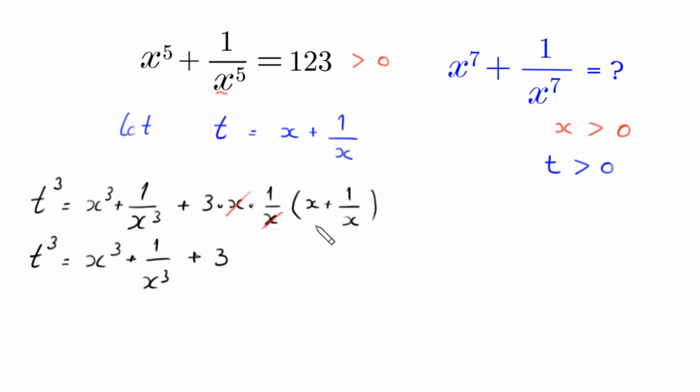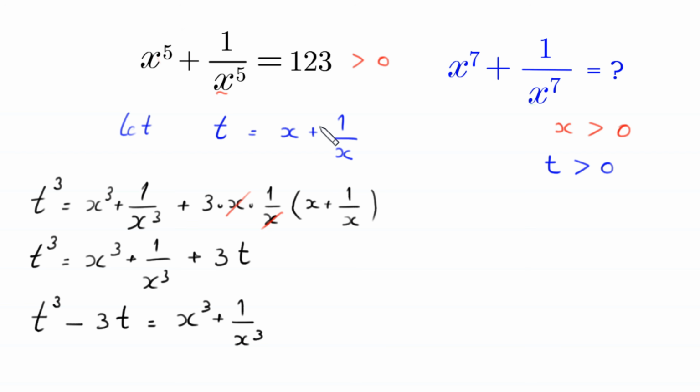In place of this x plus 1 over x, we replace this value t, so this will become 3 times t. We move this 3t to the left hand side, then this equation will become t cubed minus 3 times t is equal to x cubed plus 1 over x cubed.